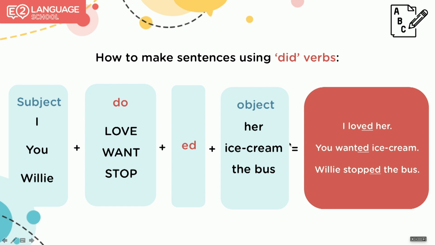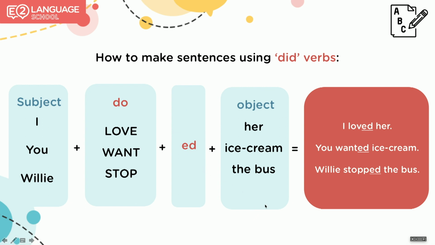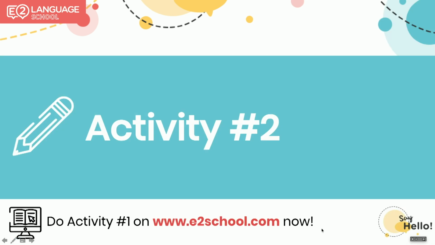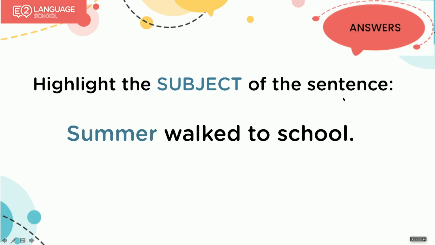But this is the important bit here. Taking a do verb like love and adding this to the end makes this past, okay? It makes me understand that this happened in the past. Okay, now you can do activity number 2 on E2 School. What I want you to do is highlight the subject of this sentence. Okay, hopefully you saw that the subject was summer.